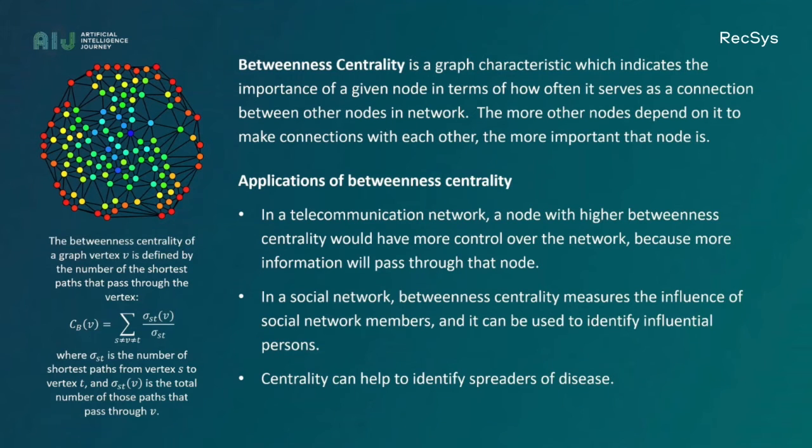Betweenness centrality is a graph characteristic which indicates the importance of a given node in terms of how often it serves as a connection between other nodes in the network. The more other nodes depend on it to make connections with each other, the more important the node is. You can see the mathematical formula on the left of the screen. This is quite a popular metric used in many industries, for instance, telecommunication systems.